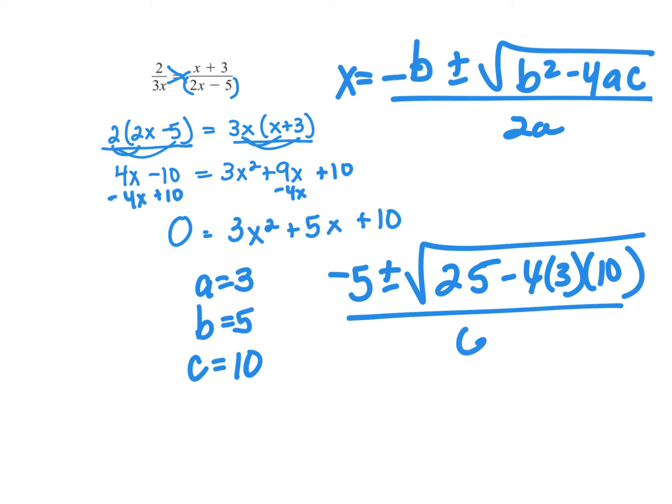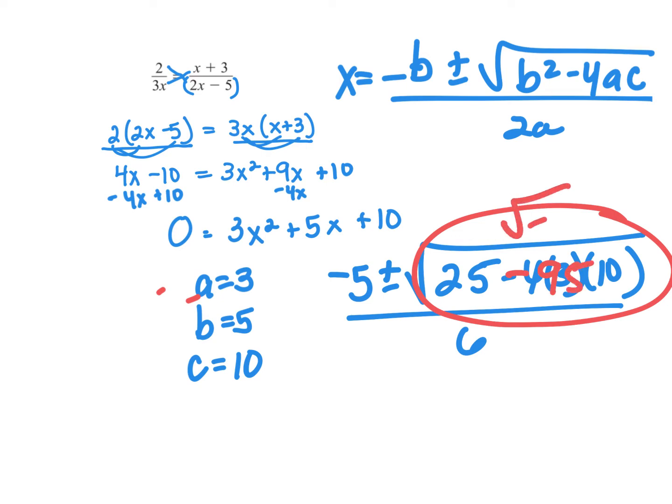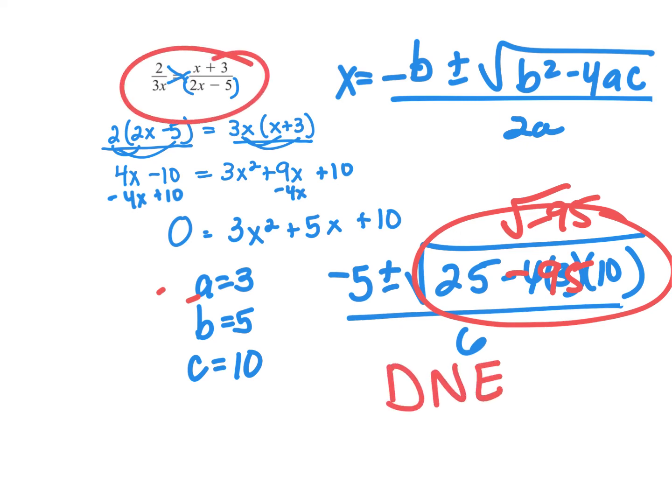Now I'm just going to do the square root part. The square root of 25 minus 4 times 3 times 10 is not going to work, because inside of the radical sign is a negative 95, and you can't take the square root of negative 95. So this whole equation has no solution, so we would say it does not exist.